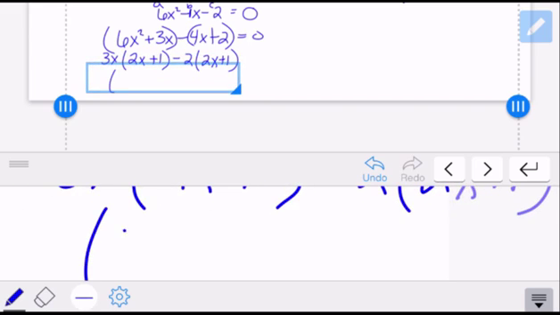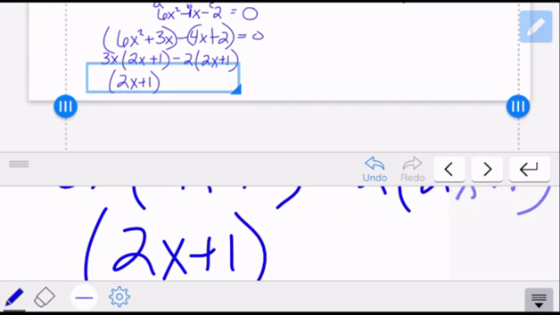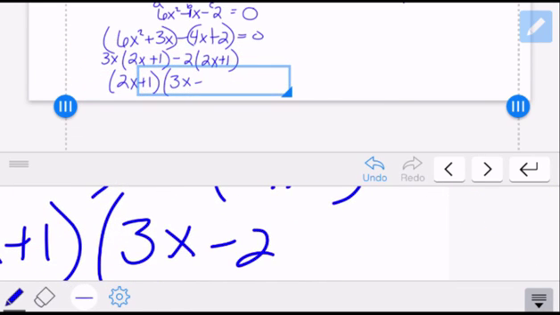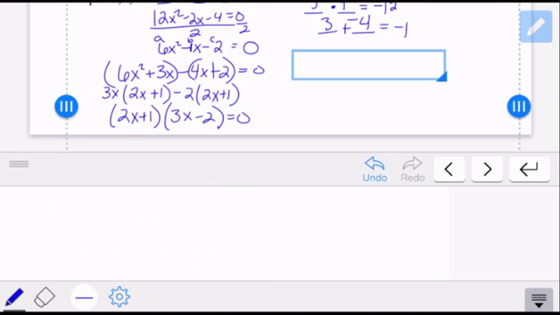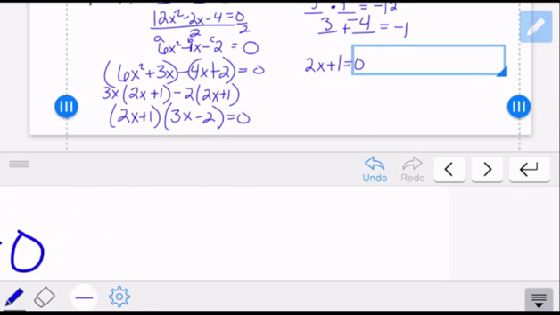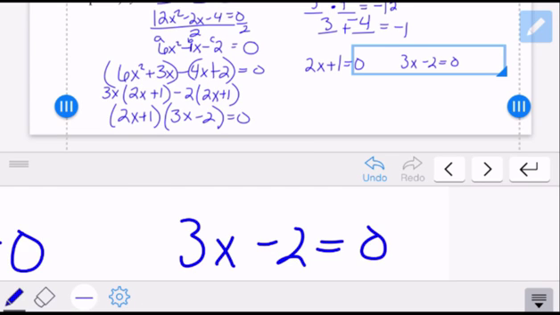So we have 2x plus 1, and what's left is the 3x and the -2. So we've got that. Now we need to solve. So I'm going to come up here. 2x plus 1 equals 0, and 3x minus 2 equals 0.